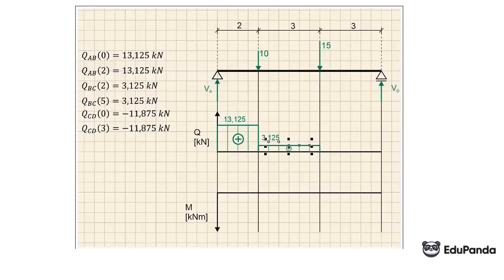The value in the third interval, well, I copied it now, looking from the right side, that is, for coordinate 0 from the right side, it is 11.875 kN, and for coordinate 3 looking from the right side, the value also does not change. It is a negative value, 11.875, minus sign, dashed line, and we have the cutting force graph behind us.